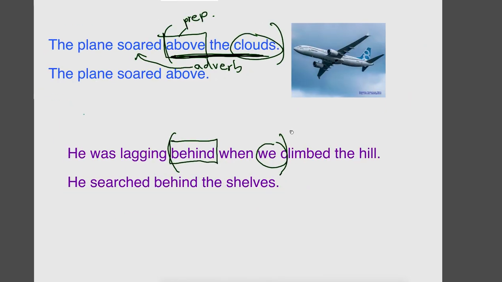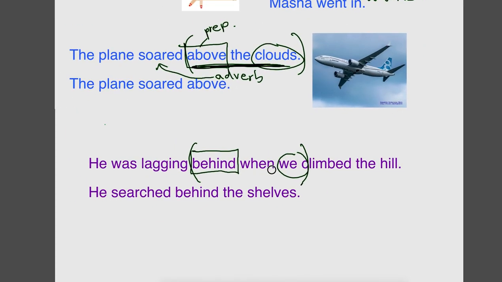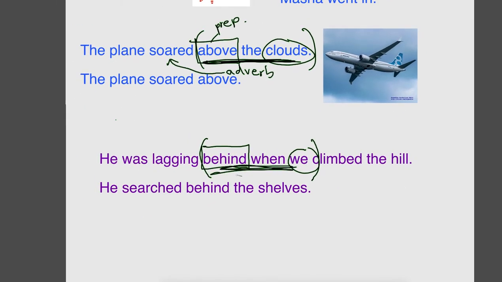So look down here. So "behind when we." Can this be a prepositional phrase? Okay, let's see if it modifies this word "lagging." So lagging where? Behind when we? Doesn't really make sense. Lagging when? Behind when we? No, right? So this is definitely not a preposition, okay?